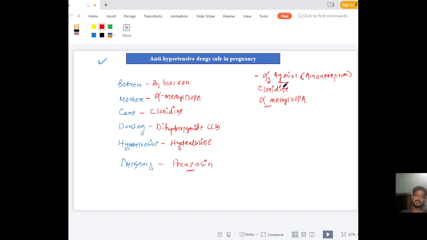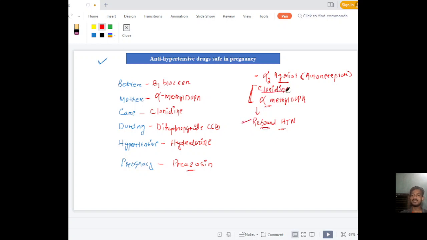Okay, so the major problem with this class of drugs is rebound hypertension. What is that? What does it mean? Whenever you stop taking this drug, mass release of neurotransmitter will take place at the synapse. That will cause rebound hypertension. This is the major side effect.